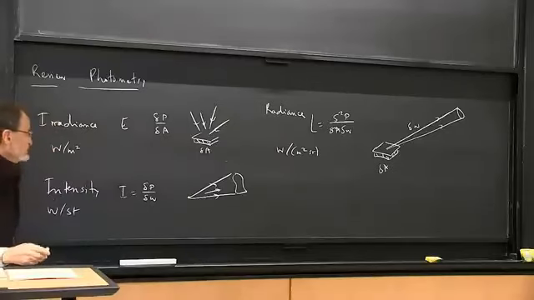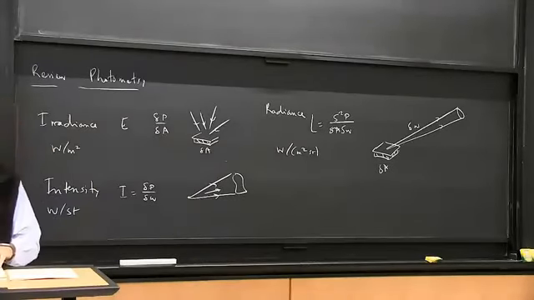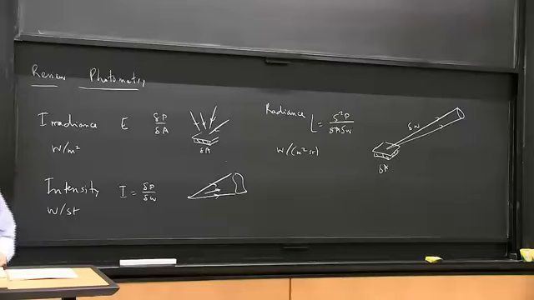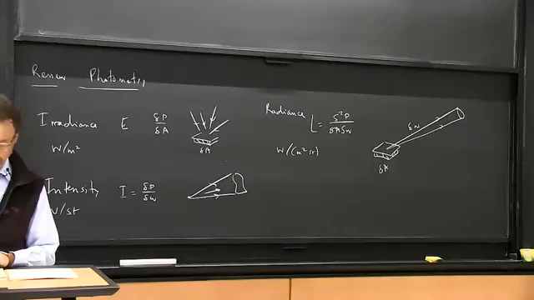That's of interest to us because that's what we actually measure with our instruments, cameras. And that's also obviously relevant to what we see. That small solid angle is perhaps the entrance pupil to your eye.